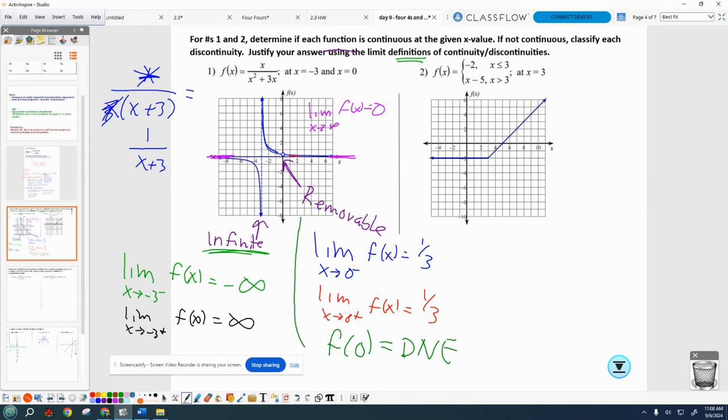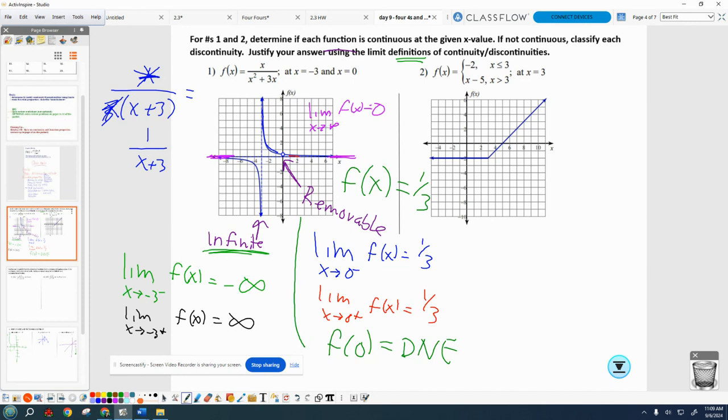The hard ones that take a lot of work, where most of you messed up, was showing either that it's a removable discontinuity or that the function was continuous. Both of those needed 3 pieces, and a lot of you gave 2 pieces. Some of you said f of x equals 1/3, which means you're saying the whole function is always this flat line of 1/3.